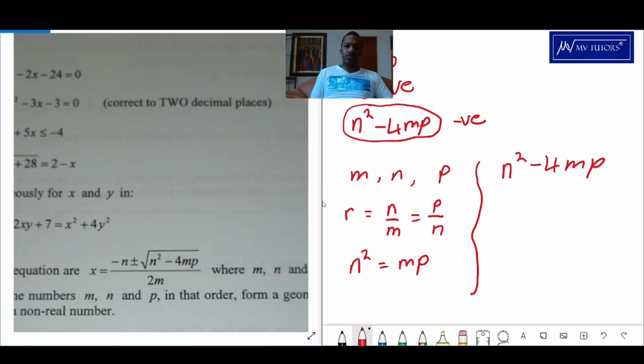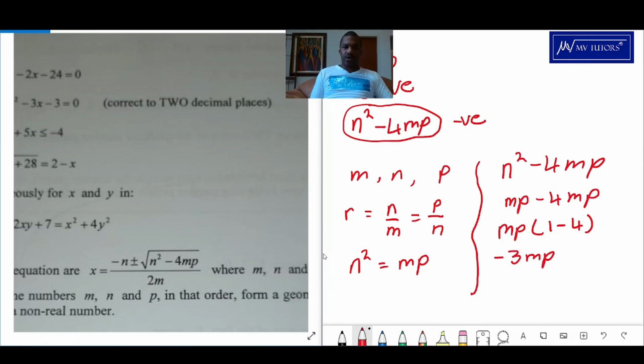Where we have n squared, we'll just substitute mp, minus 4mp, and then we'll factorize, take out mp because it's common on both of them. We're left with 1 here, minus 4 this side. 1 minus 4 is minus 3, so minus 3mp. Since we've proved that this thing is negative, then we've proved that it's non-real.